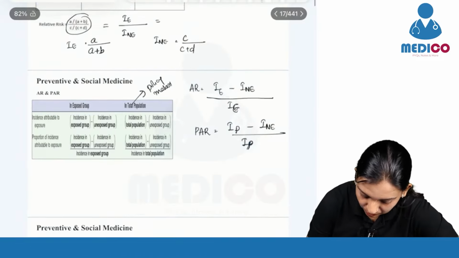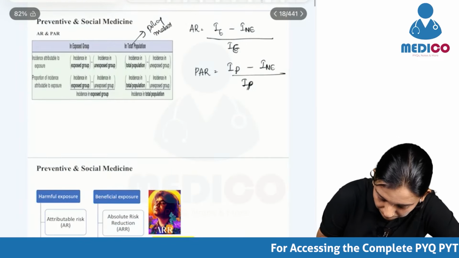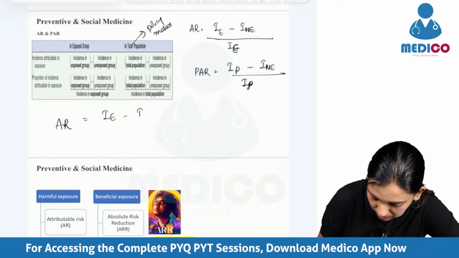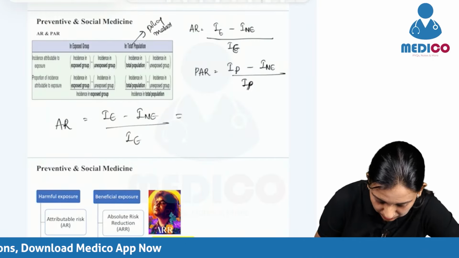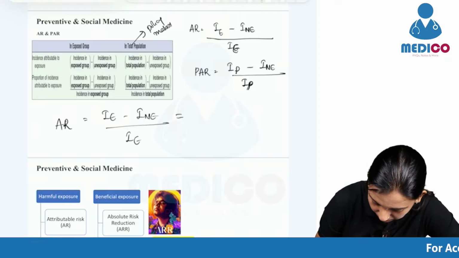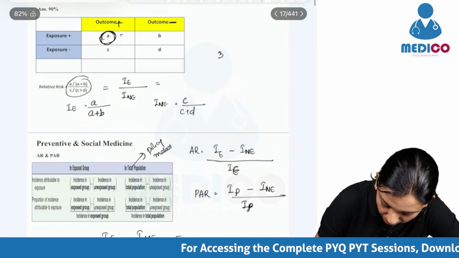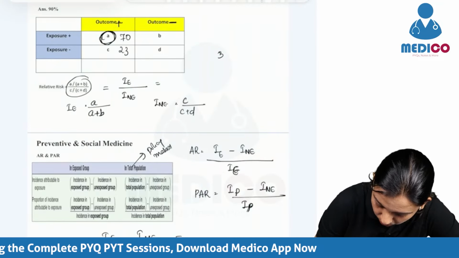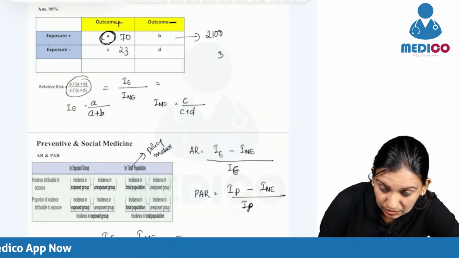So coming to the calculation here, what is the calculation? We have been asked to find out the attributable risk, right? So we have incidence in exposed minus incidence in non-exposed by incidence in exposed. Here when you give the values, this is coming to 70, this is 23. The total here, they have told exposure is seen in 2,100 people, those are alcoholic.